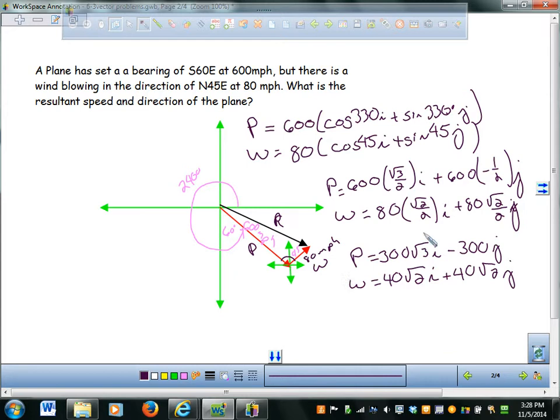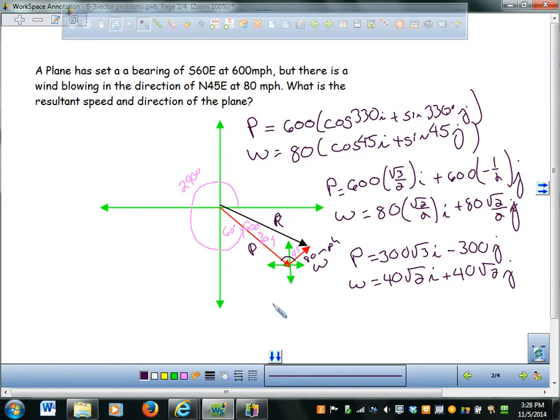And now what I want is the speed of the resultant vector. First I'm going to add those two together, and that would give me the resultant vector. And then I'm going to find the magnitude of that resultant vector, and that will give me the speed of the plane.